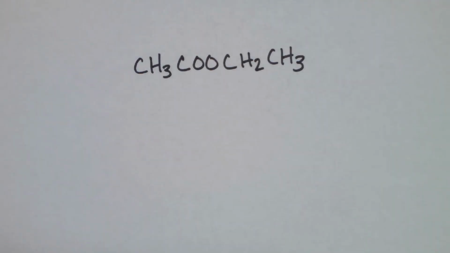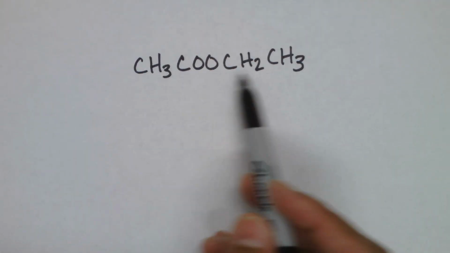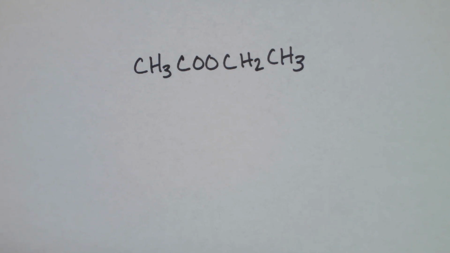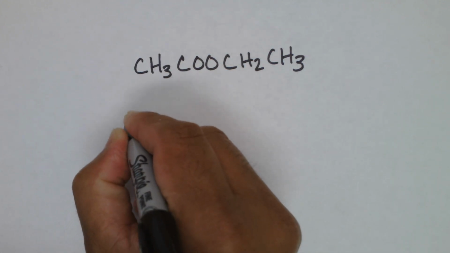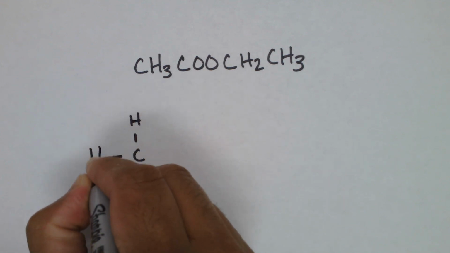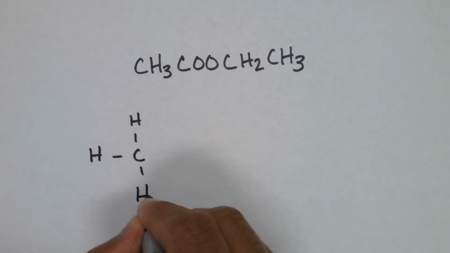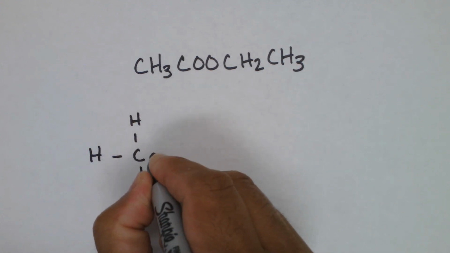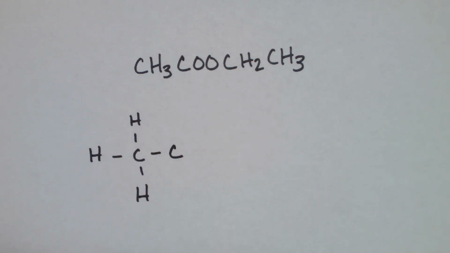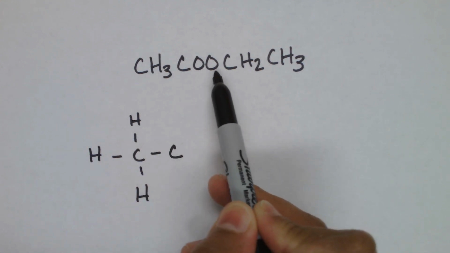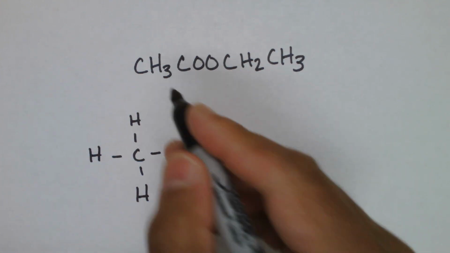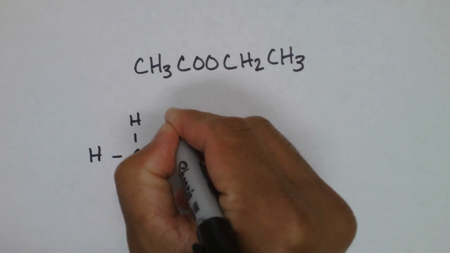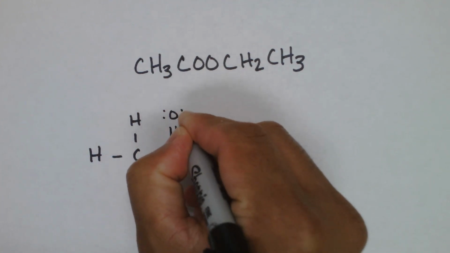So in this example, let's convert this condensed formula into a Lewis structure. Here's that CH3 group. And this carbon is bonded to this next carbon. You recognize this characteristic COO. This is an example of having a carbon double bonded to an oxygen.